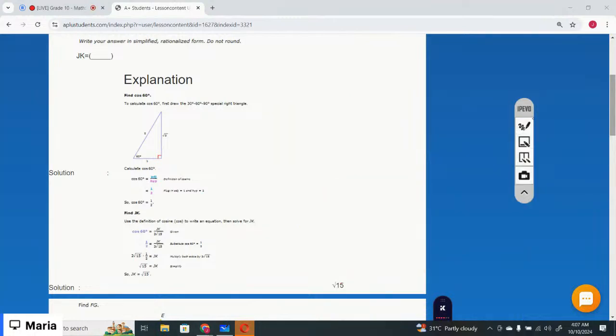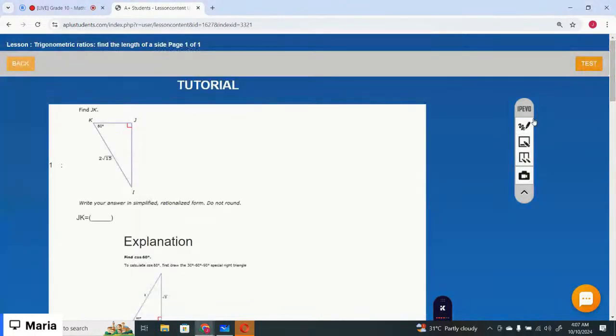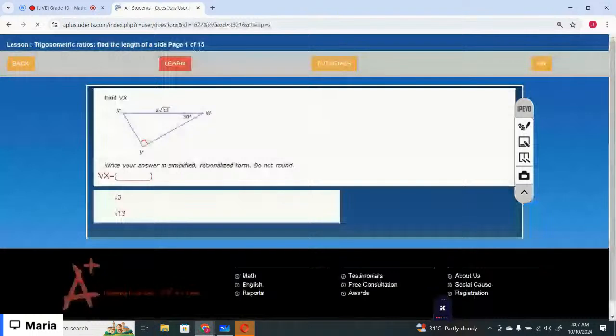Okay, let's start with the next test question. Find Vx. So you are given a 30, 60, 90 triangle.